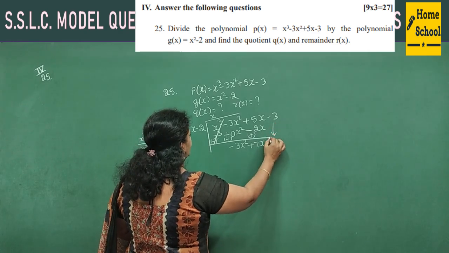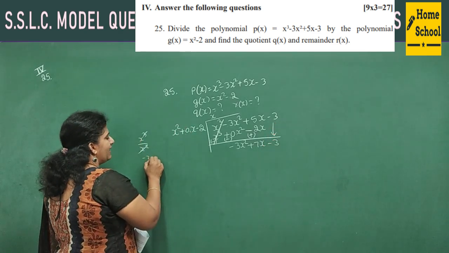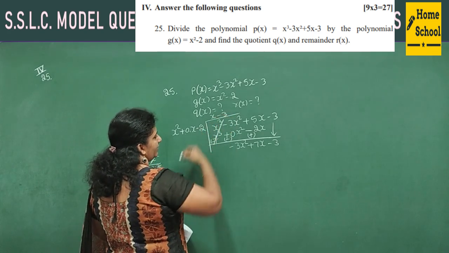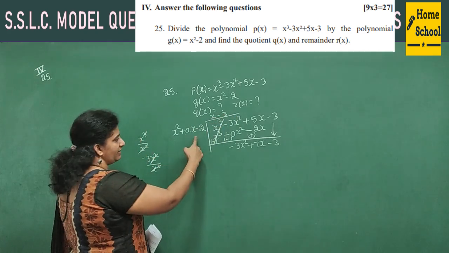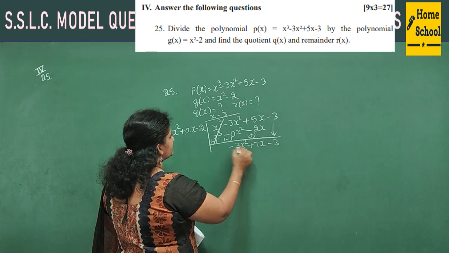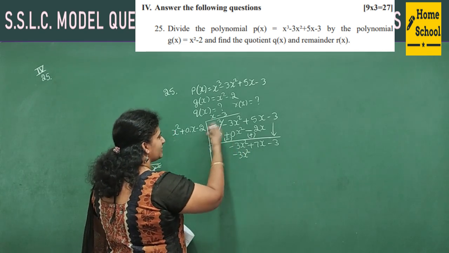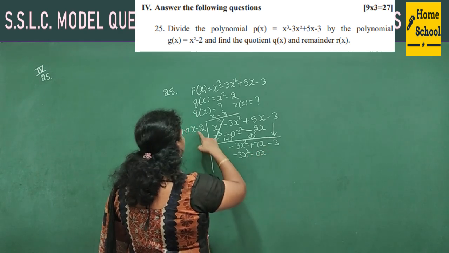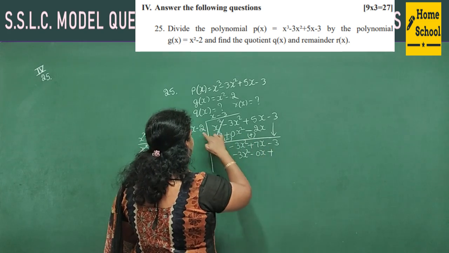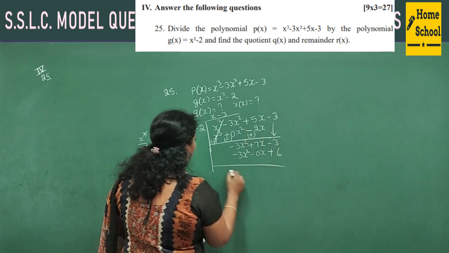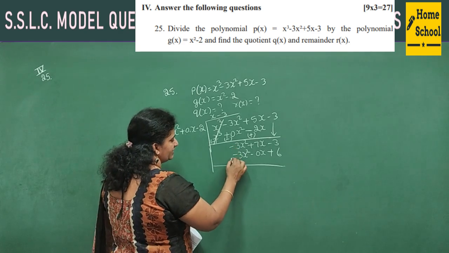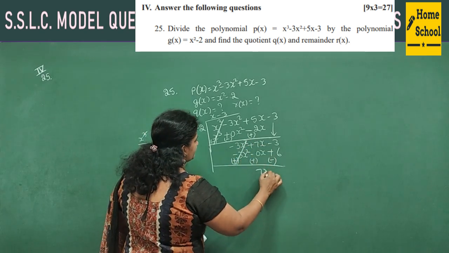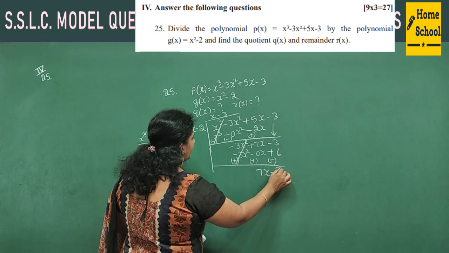Bring this minus 3 down, and again minus 3x square by x square divide, minus 3 is left right here, and with minus 3 multiply this, minus 3x square plus into minus 0 into anything is only 0. You can write simply 0 into x, minus into minus plus 3 2s are 6. And now again same sign, so subtract and change sign, right? Cancel, 7x minus 3 minus 6 will be minus 9.